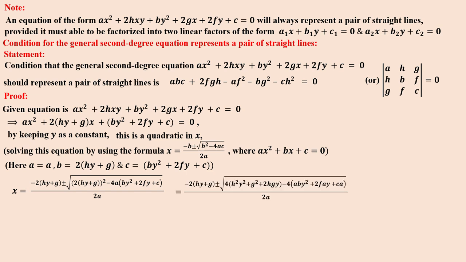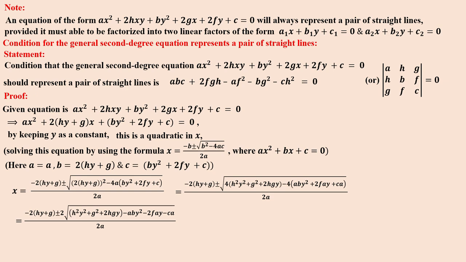That is equal to -2(hy + g) plus or minus, squaring, 4(h²y² + g² + 2hgy) minus 4 times a(by² + 2fy + c), divided by 2a. Now taking 4 outside the square root, it becomes 2.